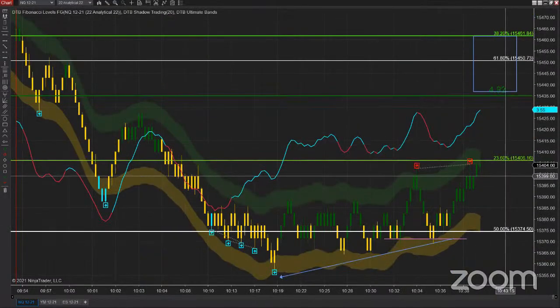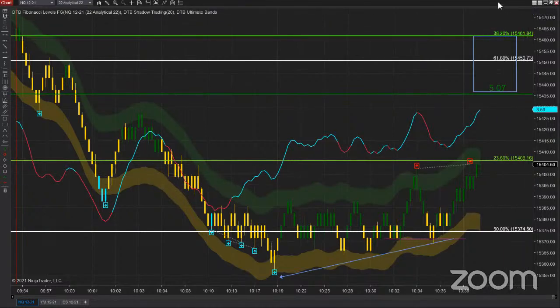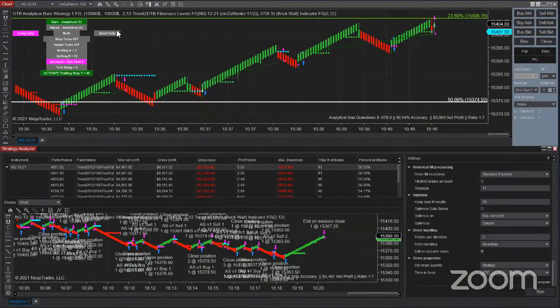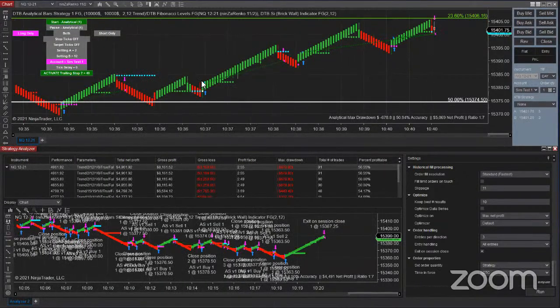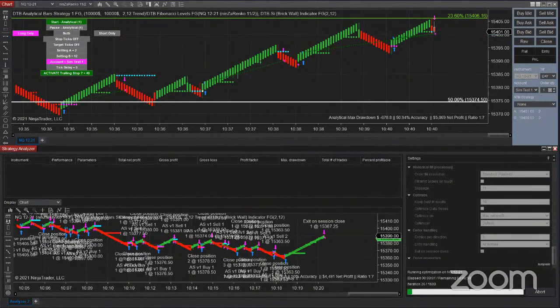But there we've had a sell signal on the automated strategy anyway. So we've got that automated strategy still running in the background, which has been doing exceptionally well. Look, we've had 1, 2, 3, 4 positions in a row successful there. And I haven't even run optimization on that strategy.